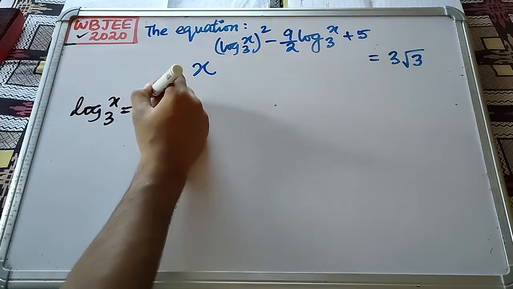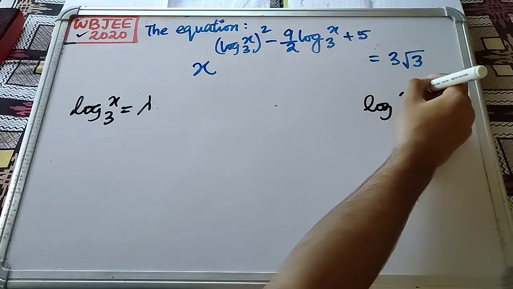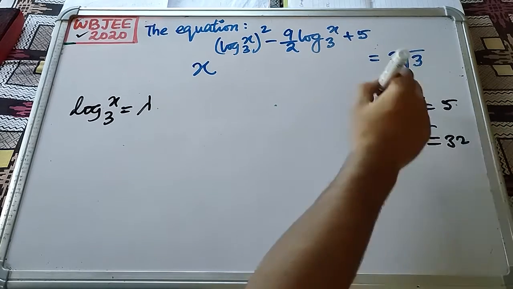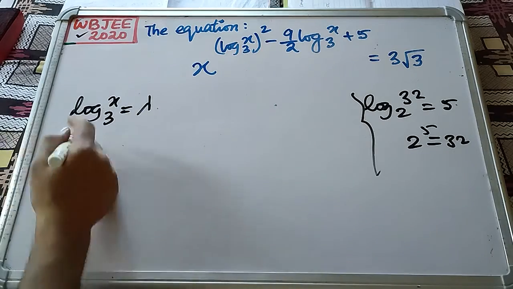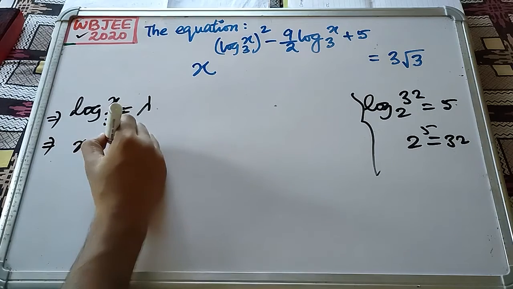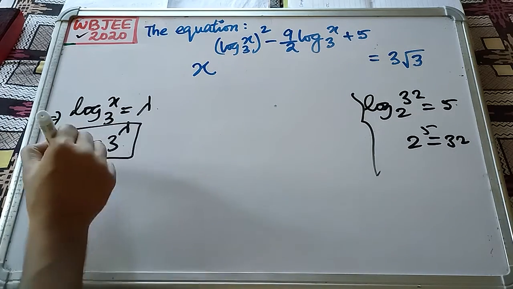Let us consider this as lambda. Now we know that, for example, log 32 base 2 equals 5, therefore 2 power 5 equals 32. This is the basic definition of log, just as an example so that you don't complicate things. Therefore what we can write is that x equals 3 power lambda. This is a very important observation over here.